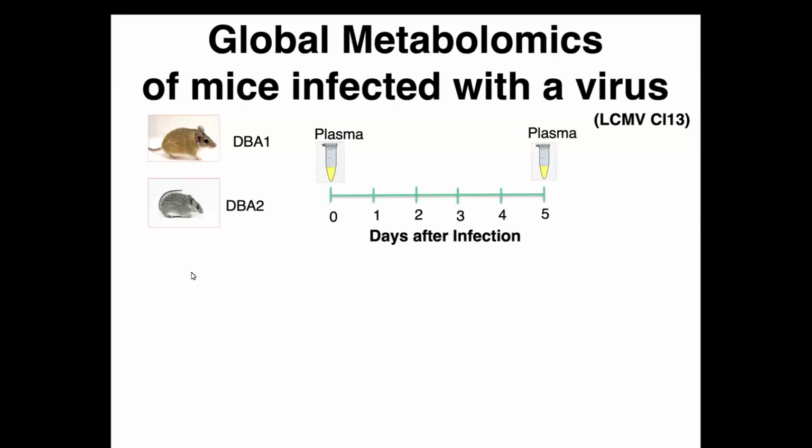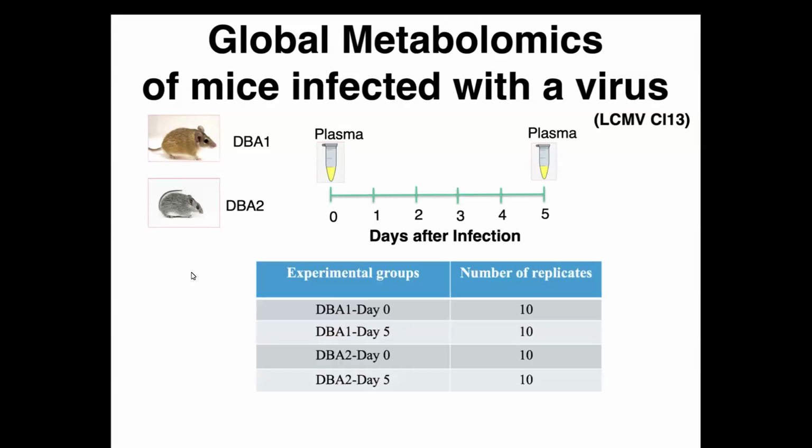Plasma samples were collected before virus inoculation, day 0, and after 5 days of infection. There were 4 groups of samples and 10 replicates per group. Metabolites were extracted from plasma by adding 400 microliters of cold methanol to 100 microliters of plasma.